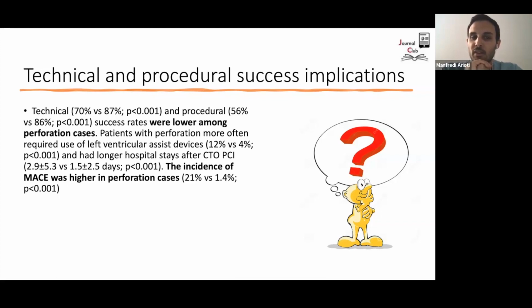Also because the incidence of MACE was higher in perforation cases, 21% versus 1.4%. So we can see how, apart from complicating the procedure per se, the procedural success, intending the stay in hospital free of MACE, was impacted by having a perforation.